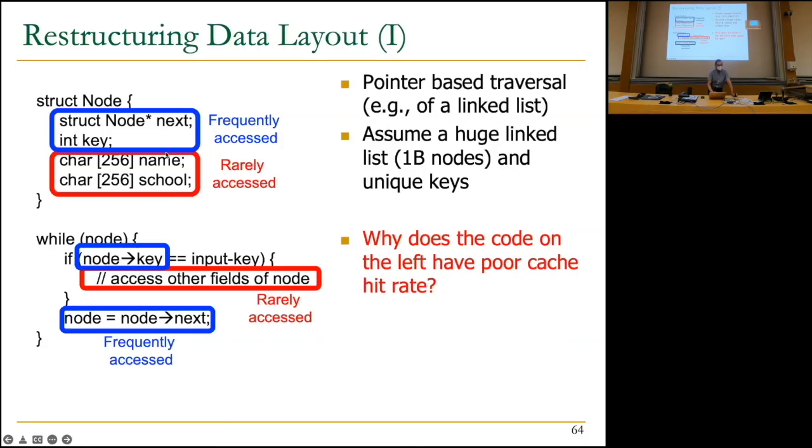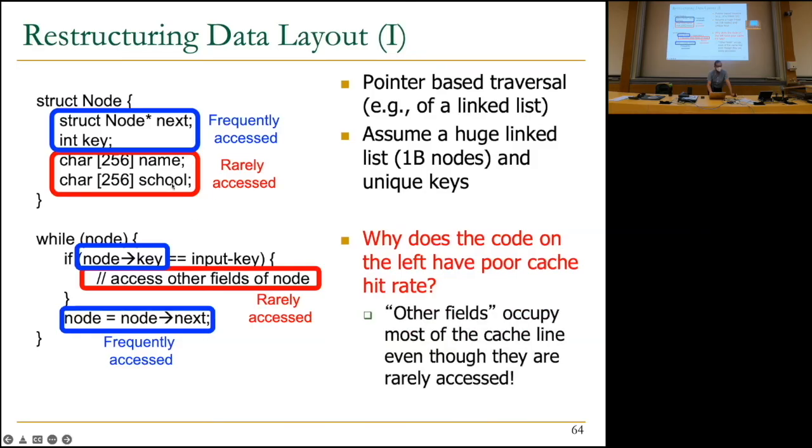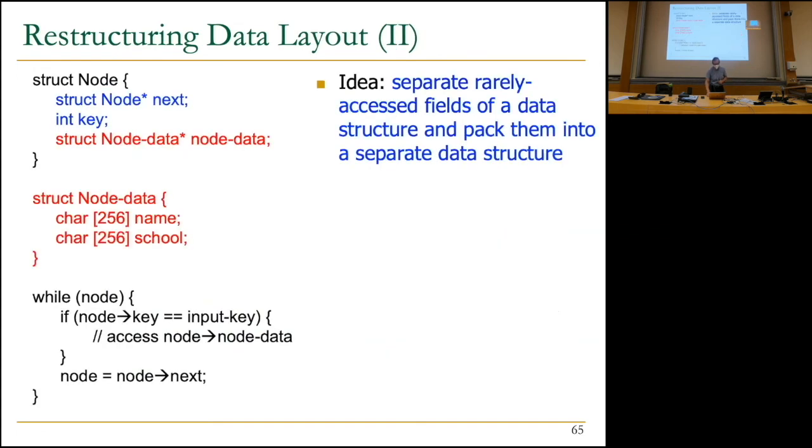But you're not accessing name and school, but that's occupying a lot of your cache space, right? These are big character arrays, as you can see. So basically, these other fields, name and school, occupy most of the cache line, even though they're rarely accessed. And the problem is you're mixing frequently accessed data and rarely accessed data in memory in a linear fashion. Spatially, they're closely located. So how do you fix this problem?